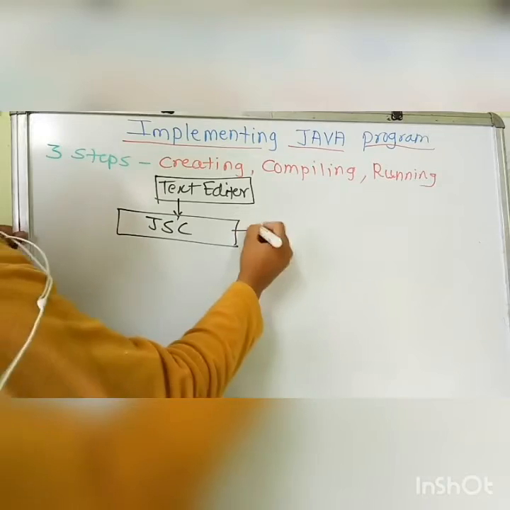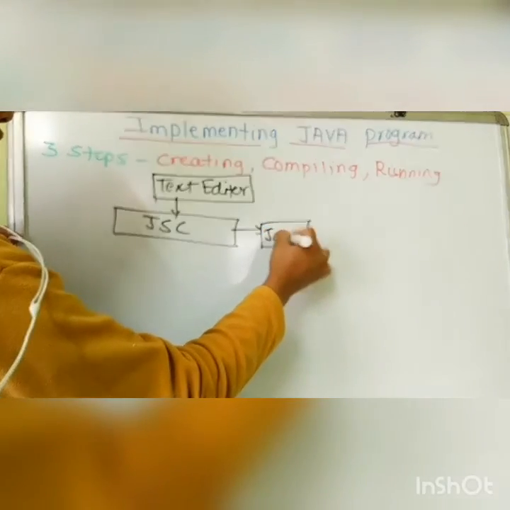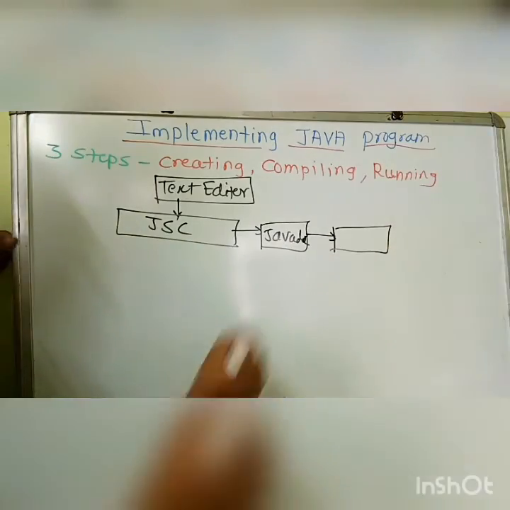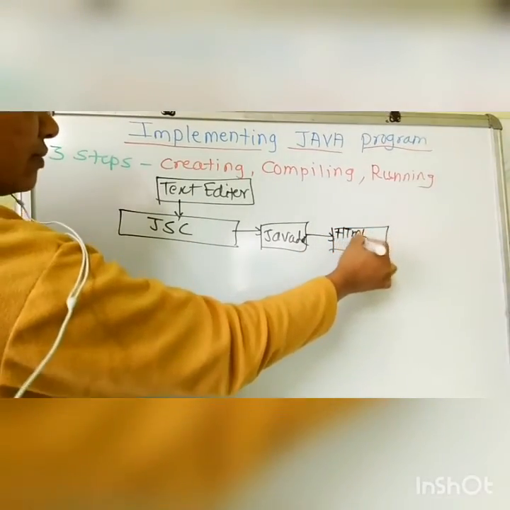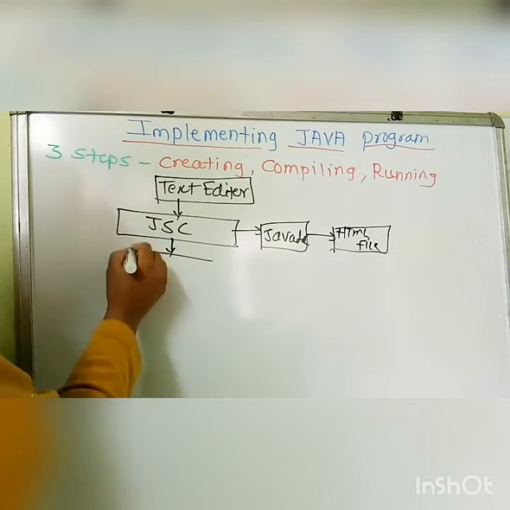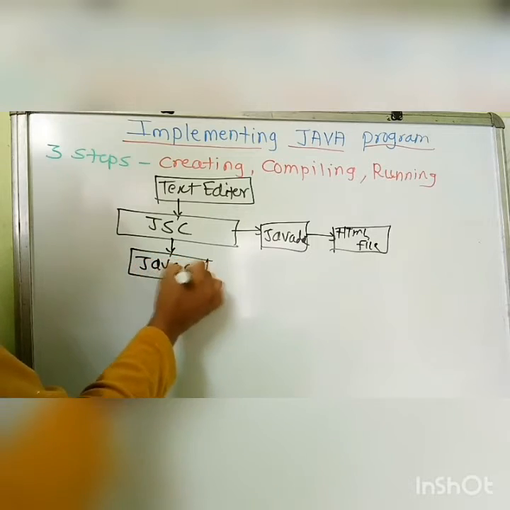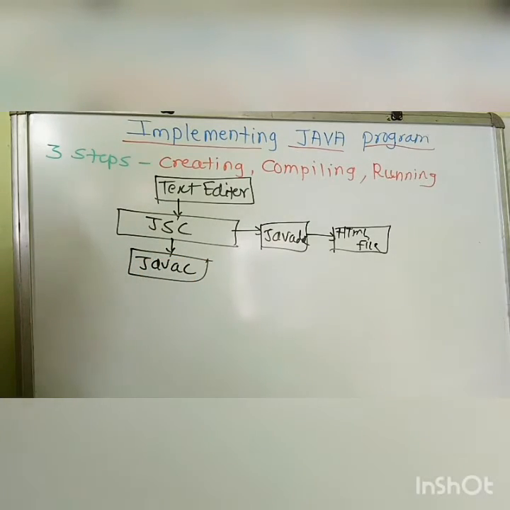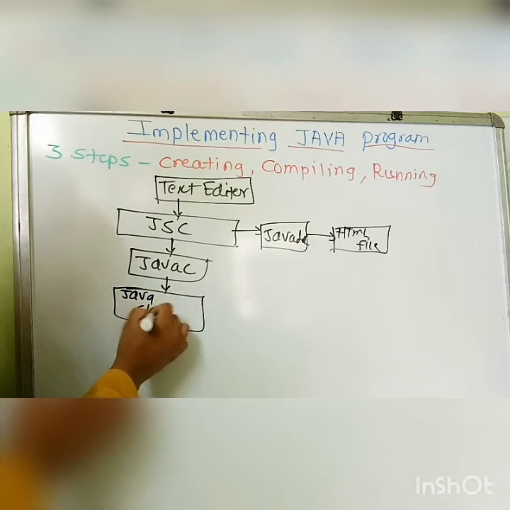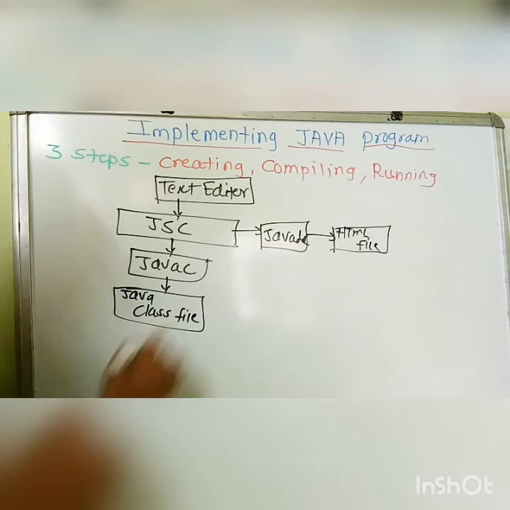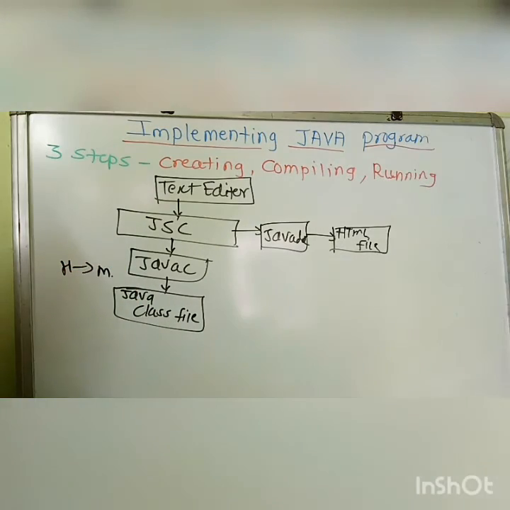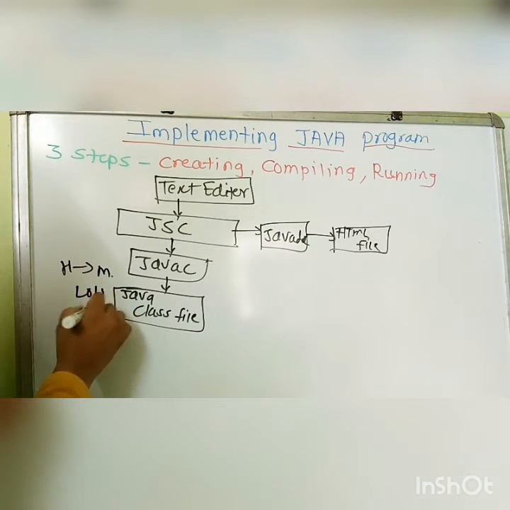It can be of many types, such as Javadoc or an HTML file. Then for compiling, we transfer it to javac, the compiler. Then javac gives us the Java class file. The class file is nothing but the higher level language converted into machine level language, that is, the object code.